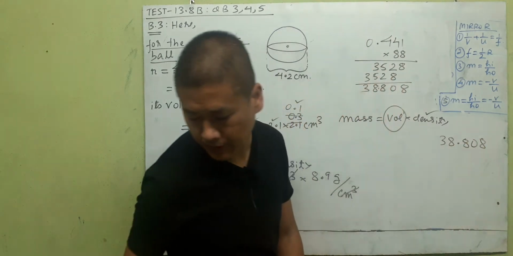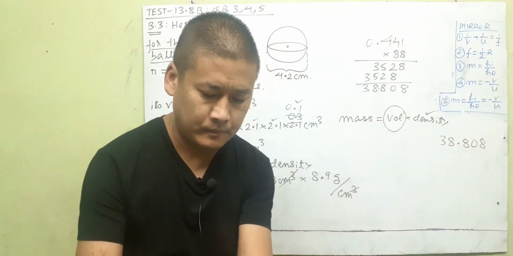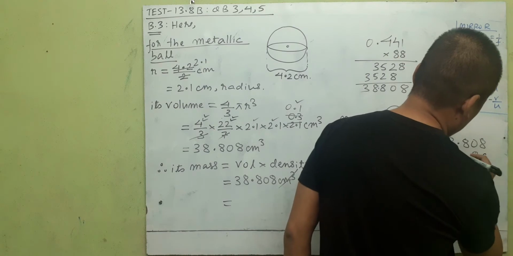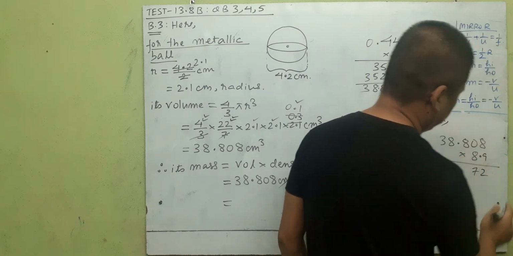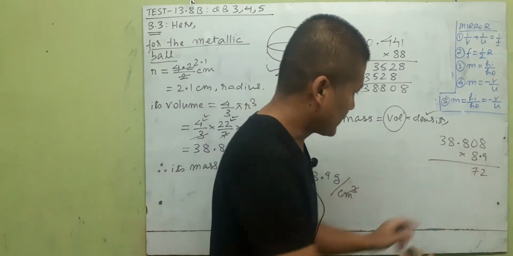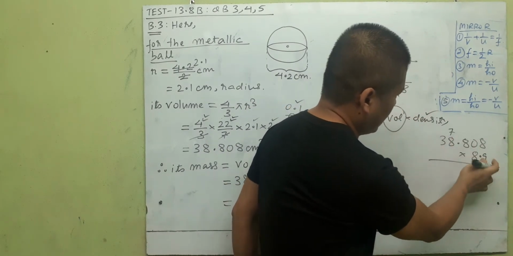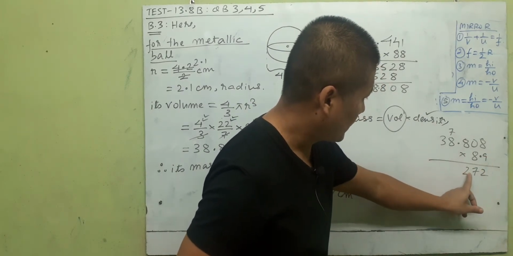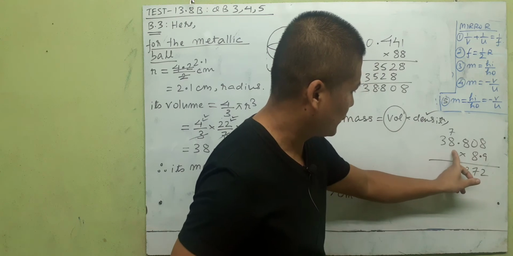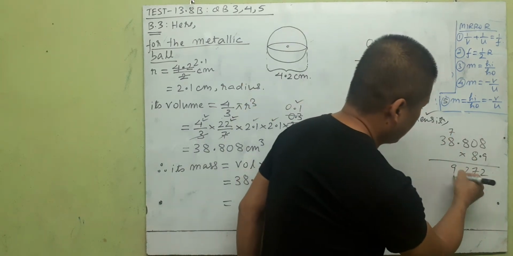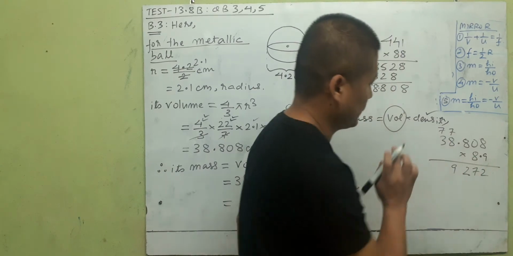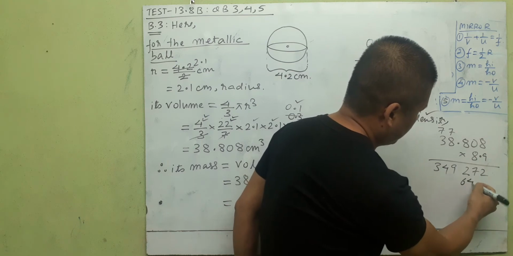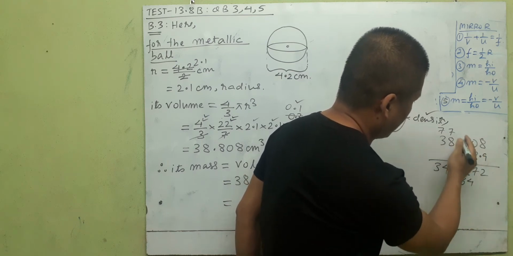38.808, if we multiply these 2 here, 8.9, 0.9, then we'll be getting 8 9s are 72, right? And then 8 9s are 72, 7 in hand. 9 8s are 72, right? 7 in hand. 9 8s are 72 plus 7, 79, 7 in hand again. 9 3s are 27 plus 7, 34. 8 8s are 64, so 6 in hand now.